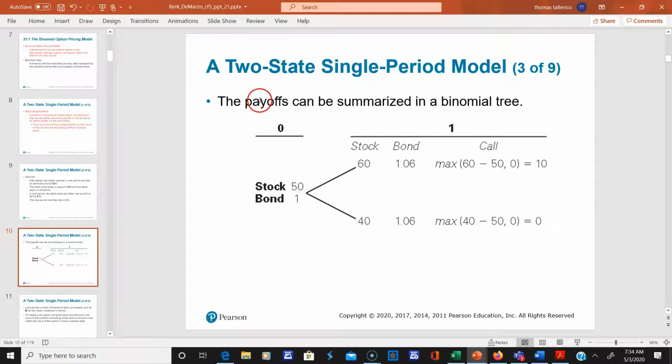That's what you want to know: what is the price of the call at time t0? You know the price of the call at expiration. That's obvious, because the stock is up to 60, so you've got intrinsic value of 10, and here you're in the money. Here you're out of the money.